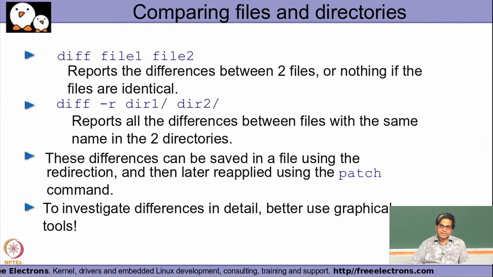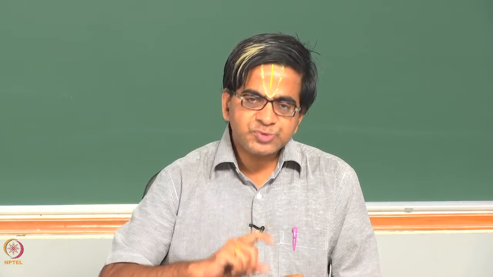So, let us say that line number 10 is different in file 1 and file 2. When I use the -e option to diff, instead of just printing line number 10 alone, it also prints 3 lines before line number 10 and 3 lines after line number 10. So, essentially from line number 7 to line number 13, which is very useful for applying with the patch command later on if I want to update only a certain portion of my file.